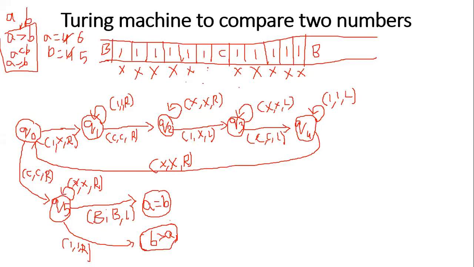So we have 7 states. In which state do we fail to find a match? Q0, Q1, Q2, Q3, Q4, Q5, A is equal to B, B greater than A. In which state do we fail to find a match?